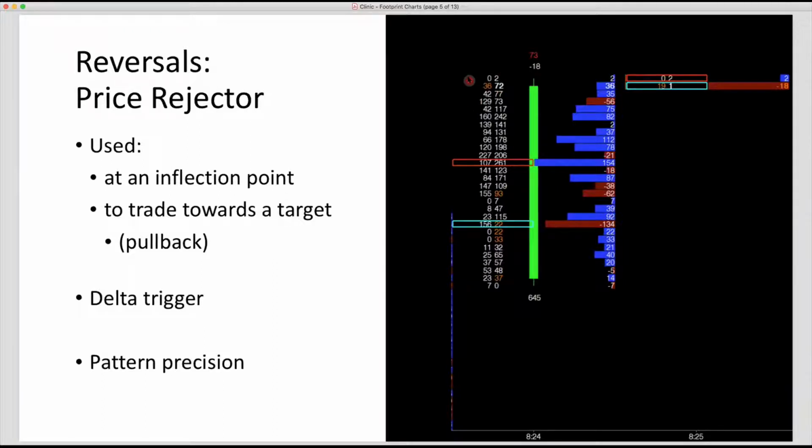I tend to finesse it a little bit more. I also consider the absorption. So I want to see positive delta through the area of the exhaustion. So I know that the aggressive buying is being consistently met by passive selling. And you can finesse this a bit. You can decide, do I want to see consistent absorption at each price level where we're experiencing the exhaustion?